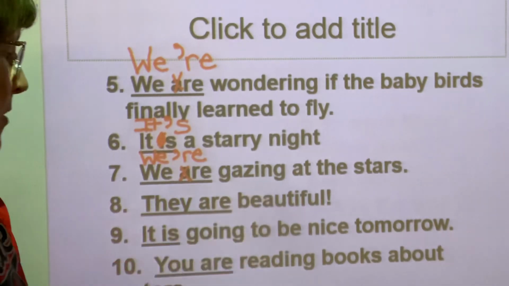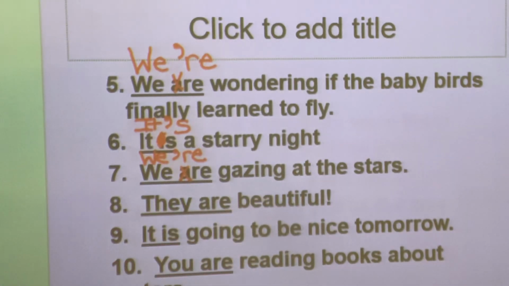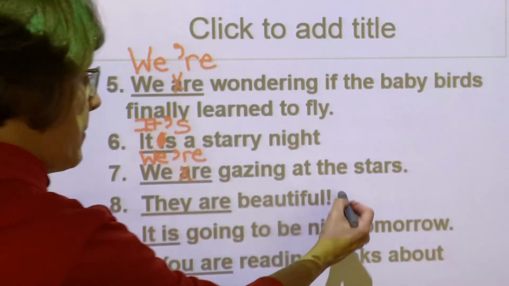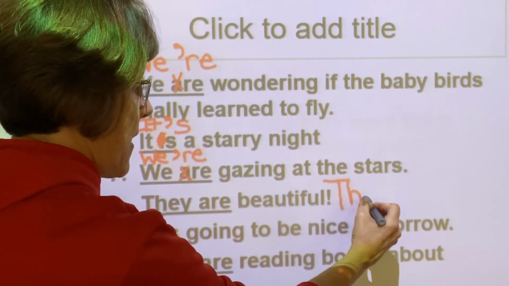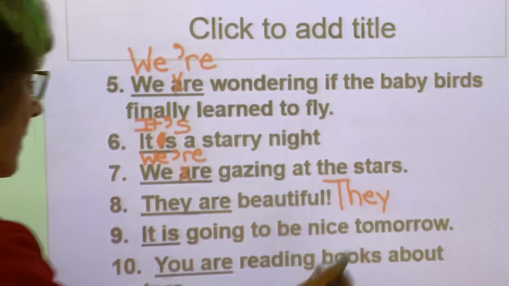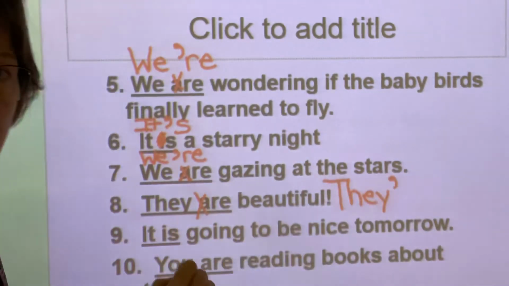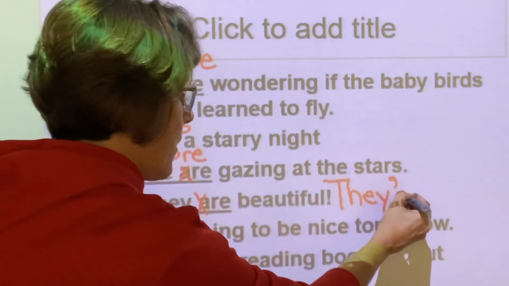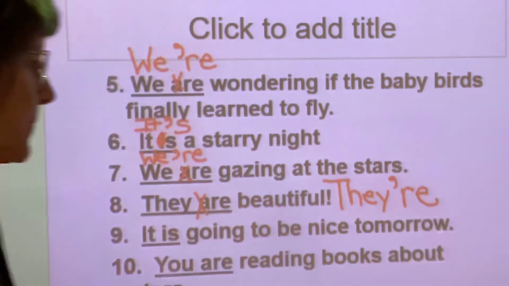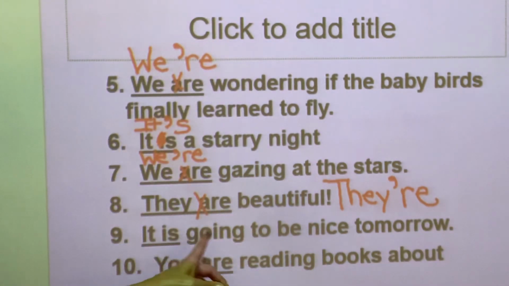They are beautiful. What do? Keep the first word, they, get rid of the first vowel, replace it with an apostrophe, and then add the R-E. They're. It is going to be nice tomorrow.